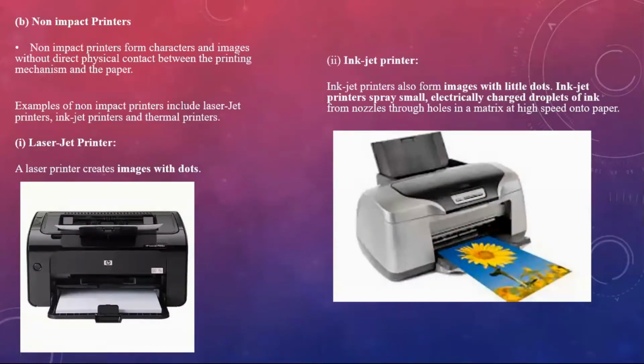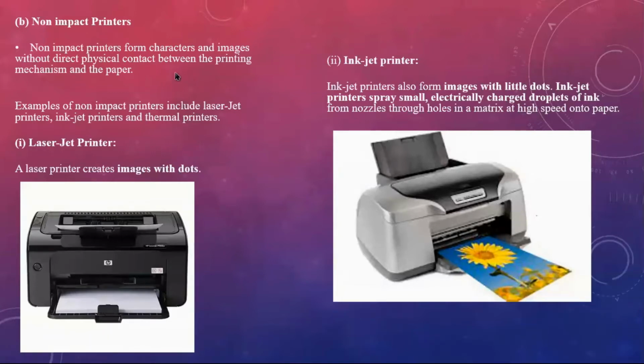Now let's look at the non-impact printers. The word non-impact is the opposite of impact. Here we don't have any striking mechanism. Instead of a mechanism for hitting and striking, we make use of technologies like laser light and inkjets.